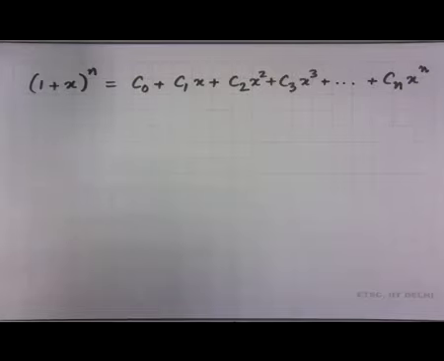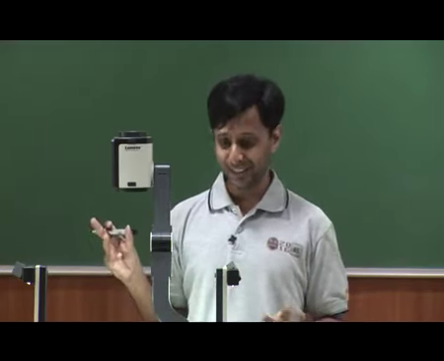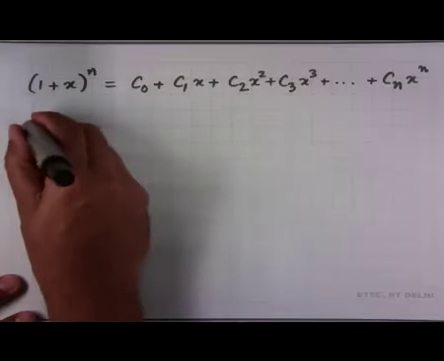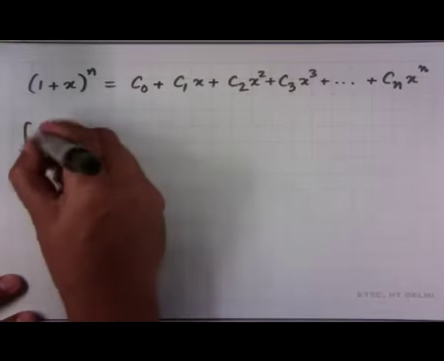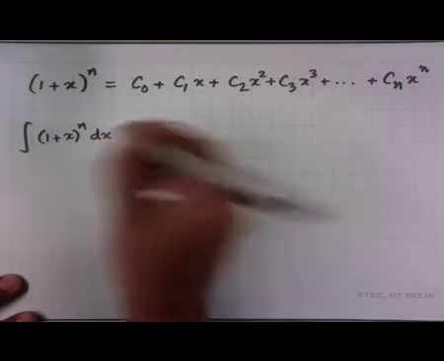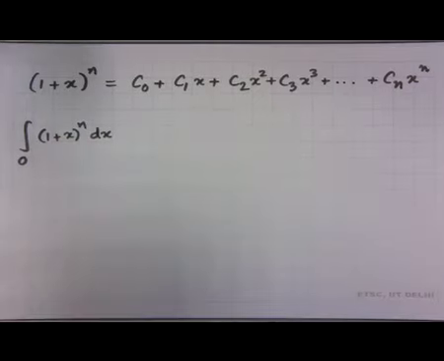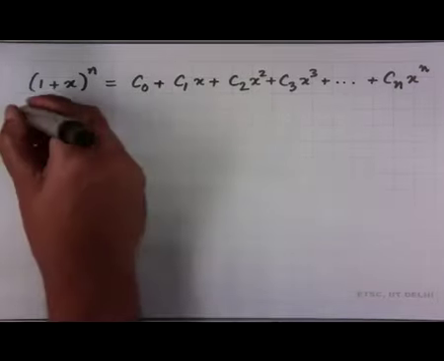And now what we are going to do is integrate both sides using a definite integral. So, let us say I integrate 1 plus x whole power n dx from x equal to 0 to x equal to p.